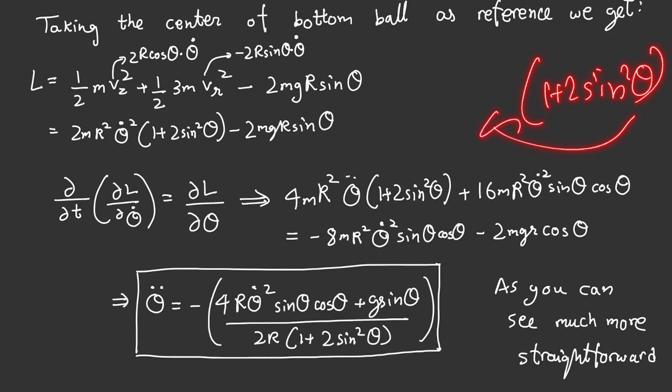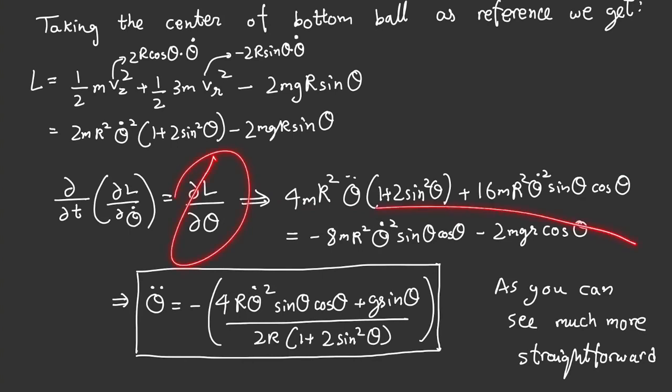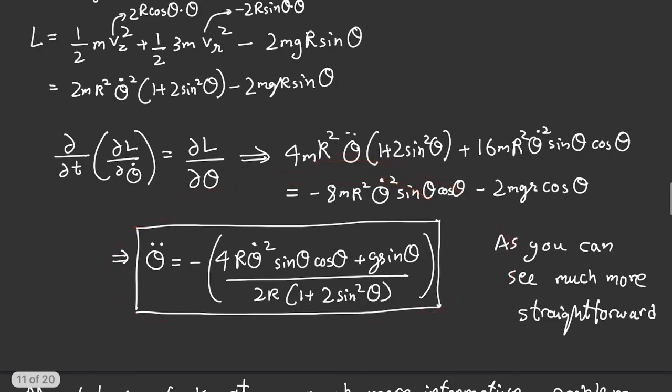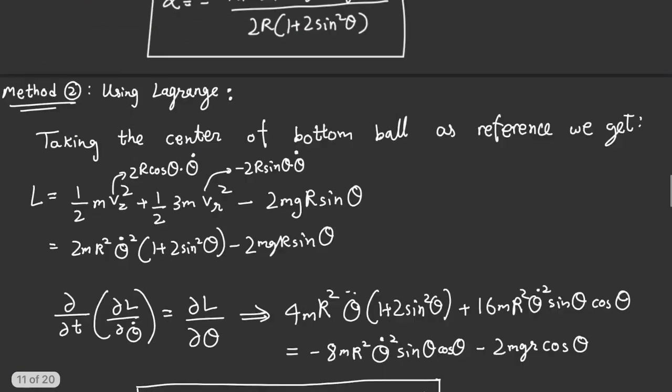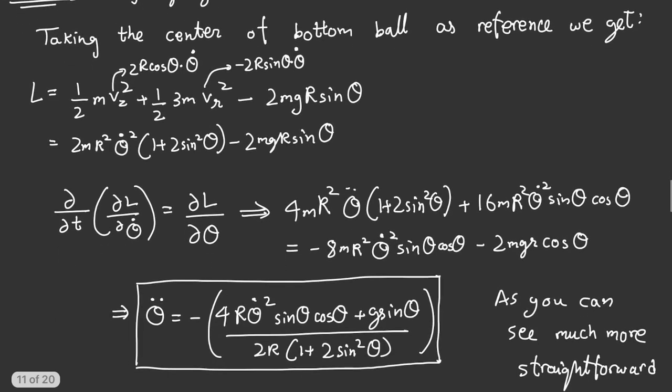That would be that, and then you differentiate this again using the d by uv rule. We get this. Equate that to the RHS, which is also easily calculable, and then you just keep theta double dot on the LHS, send all of this to the RHS, and you get theta double dot is minus 4r omega square sine theta cos theta plus g sine theta by 2r into 1 plus 2 sine square.